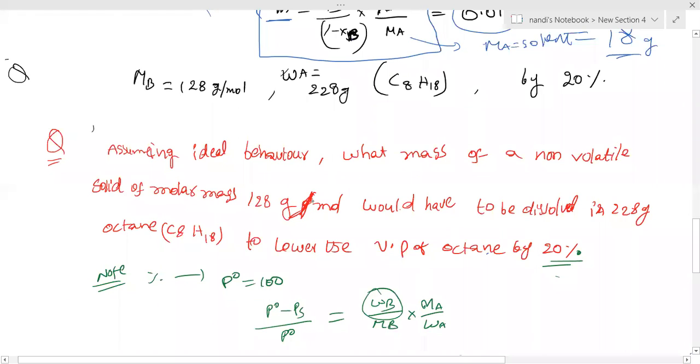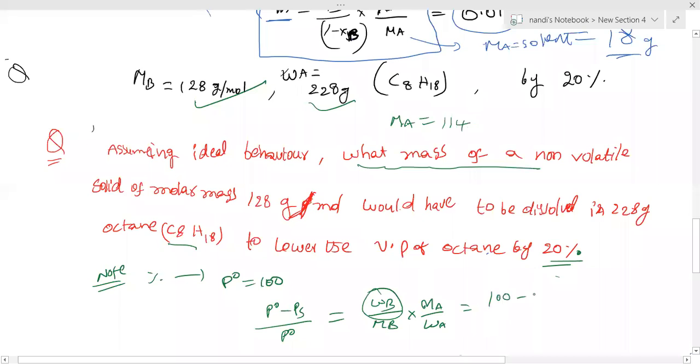Here WB is what we need to calculate, the mass of solute. MB we know, WA is 228, and MA you can calculate, the molecular weight of octane, C8H18. So you will get 114 as molecular weight. Then substitute everything, and you will get WB as the answer.